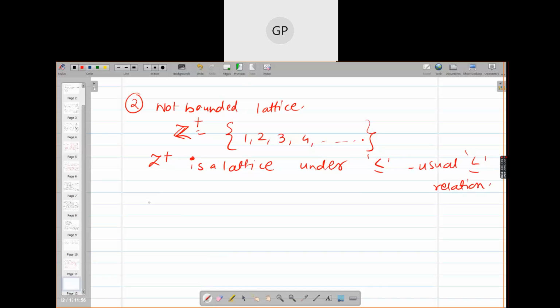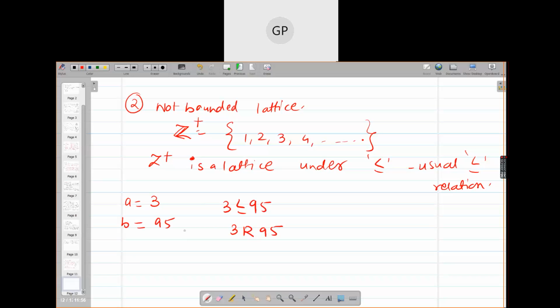So any two elements, if you pick A equal to 3 and B equal to say 95, then 3 is less equal 95. Yes or no? Yes, and this is a partial order relation.